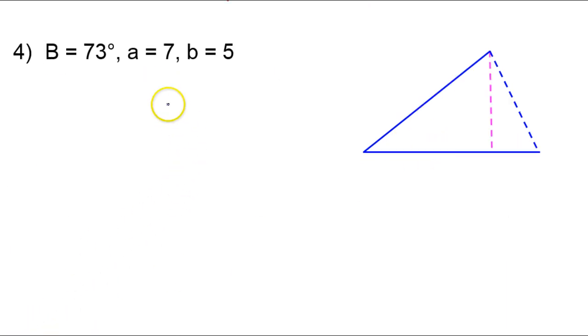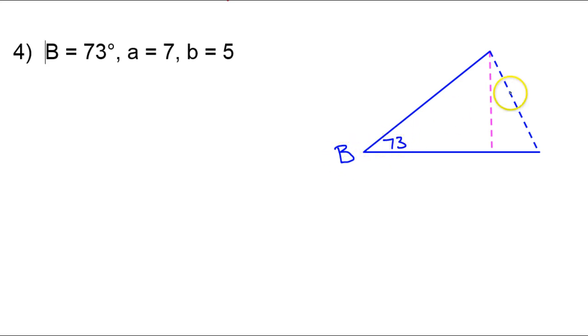Let's go ahead and do one more problem on this video. Again, as soon as I see that I have two sides and an angle, I'm worried that this is going to be the side-side-angle, the ambiguous case. So take your one angle and put it on the lower left-hand side of your triangle. So I'm going to call this angle B, and I put the 73 degrees right here.